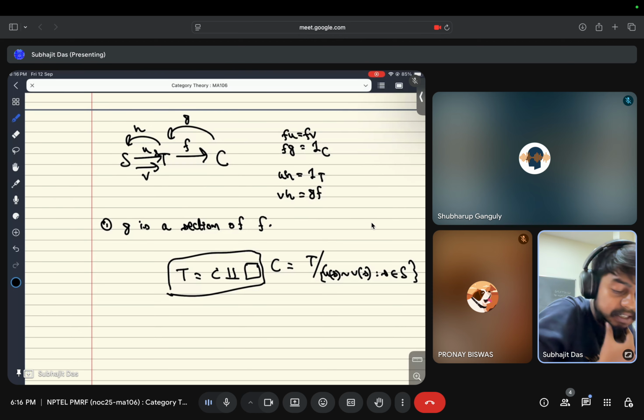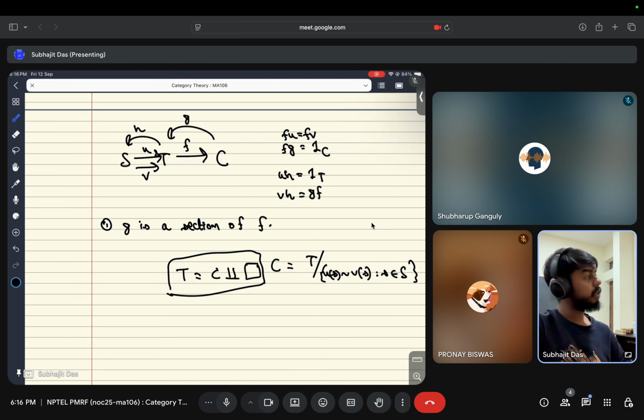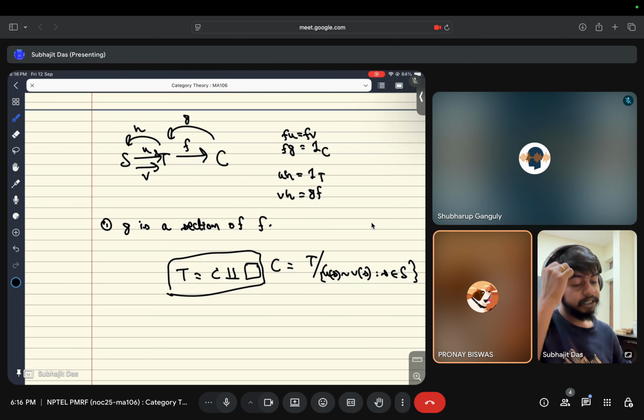But I don't really understand what to do with H. You see, U and V are already given to us. So what this is asking is H should be a section of U. So T should also be a subset of S at the same time.